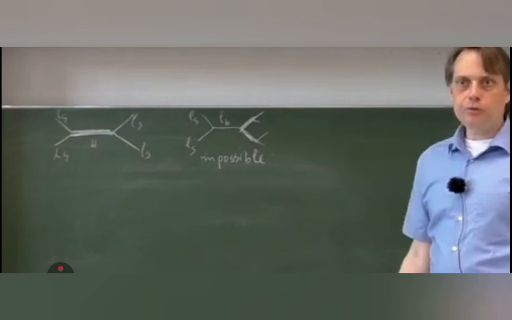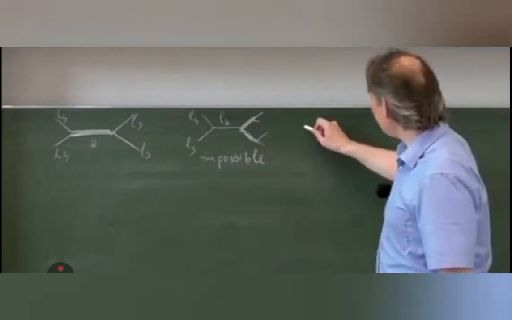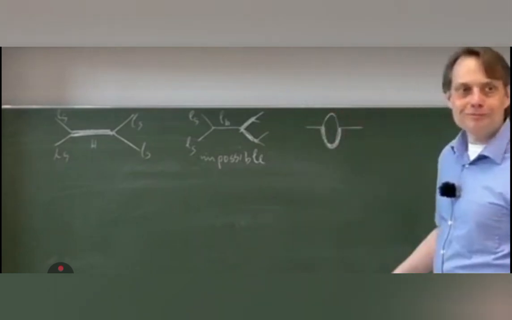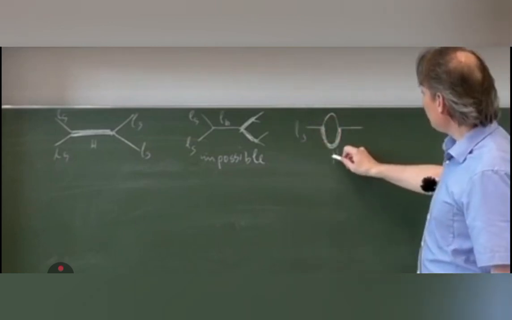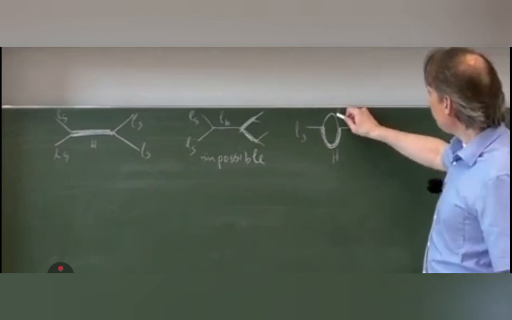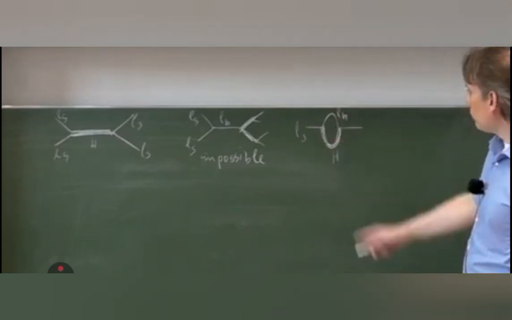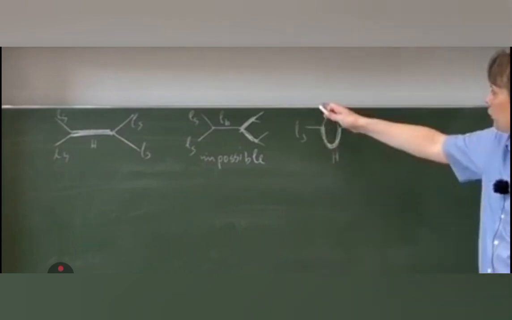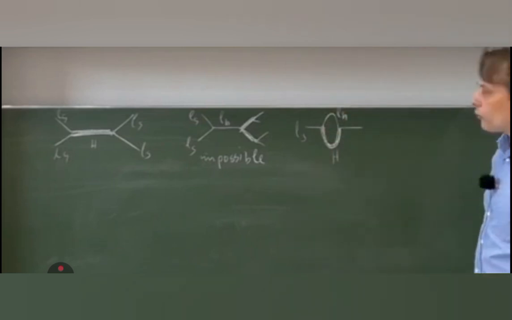Let's write down a possible diagram with a hard light line. A possible diagram would be this one. Here our example, we start with a soft light line, we have here a heavy particle in the loop, and here we could have a hard light line at the top. Then this is one particle irreducible with respect to the light line, because if we cut the light line, the diagram stays connected, and momentum conservation can work.